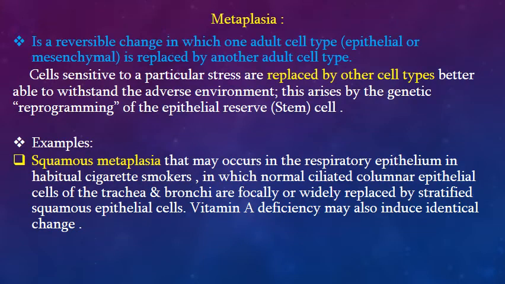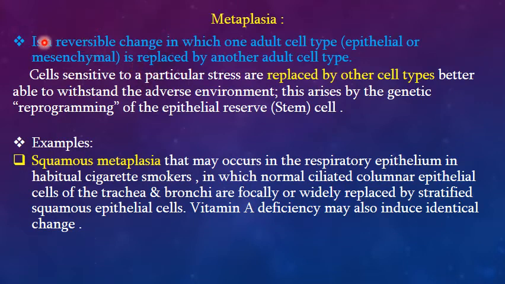Now we are coming to the other type of adaptation. It is metaplasia. Metaplasia means reversible changes, meaning that when the stimulus or the cause of these metaplastic changes ceases or ends, the type of the cell changes or returns back to normal.